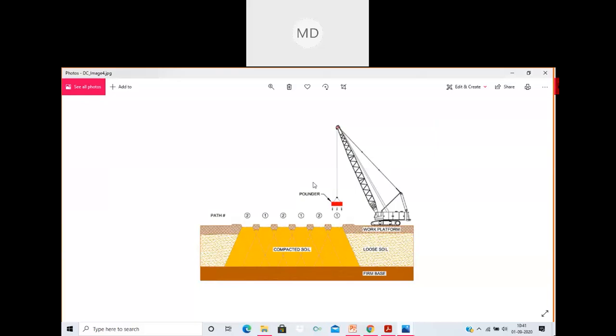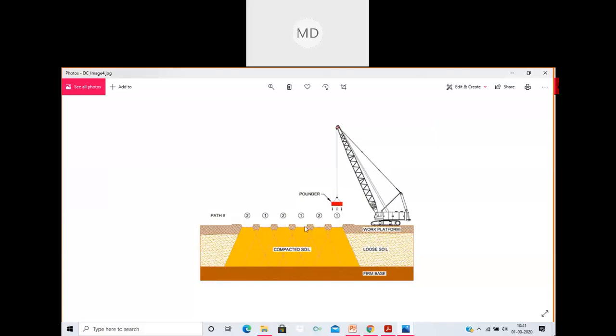Some points are marked 1, 2, 1, 2. Suppose the load is put in the yellow part, marked 1, and the energy waves transmit in this way, and then this portion gets compacted or densified.